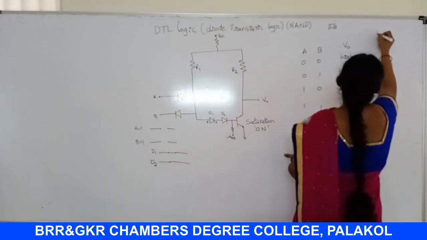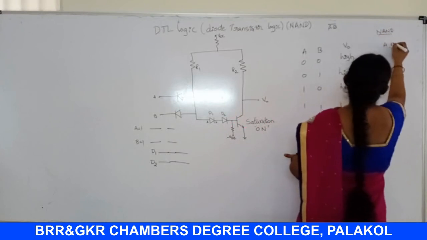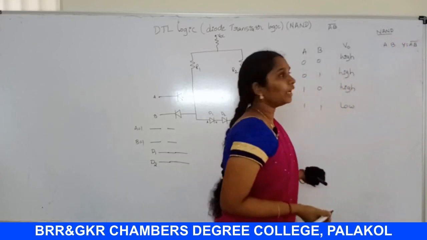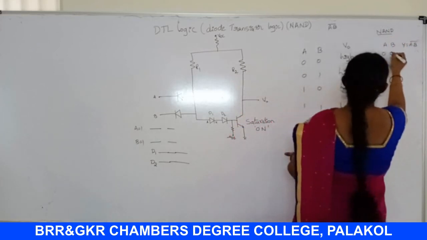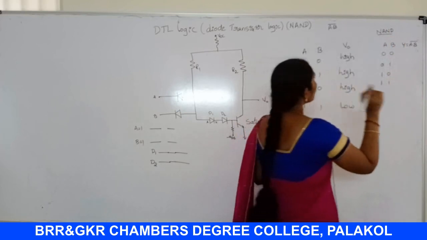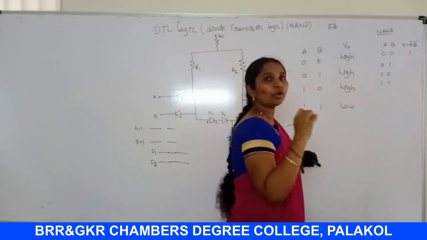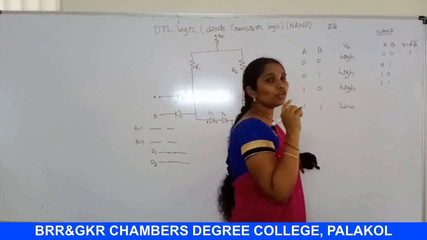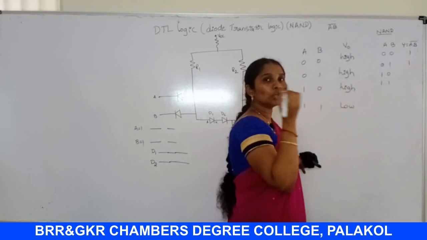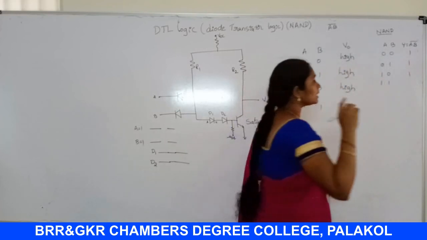This logic is compared with the NAND operation. The NAND gate logic is Y equals (A dot B) bar. The NAND gate logic is 0 0, 0 1, 1 0 and 1 1. 0.0 is 0, 0 bar is 1. Again 0.0 is 0, 0 bar is 1, and 1.0 is 0, 0 bar is 1, and 1.1 is 1, 1 bar is 0.